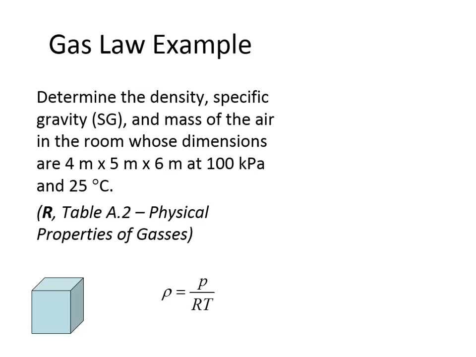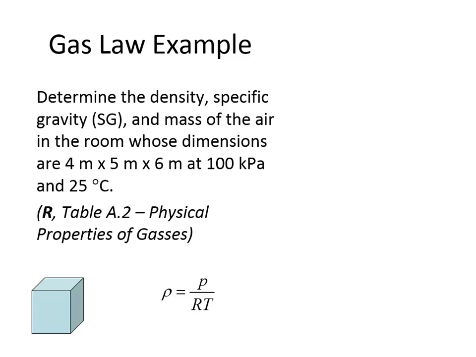Okay, so we want to find out, first of all, what is the density of the air in the room. And from the earlier combination of the ideal gas law and the R value, we found that density can be calculated by the pressure in the room, the R value, and the temperature. And that will enable us to calculate the density of the gas.